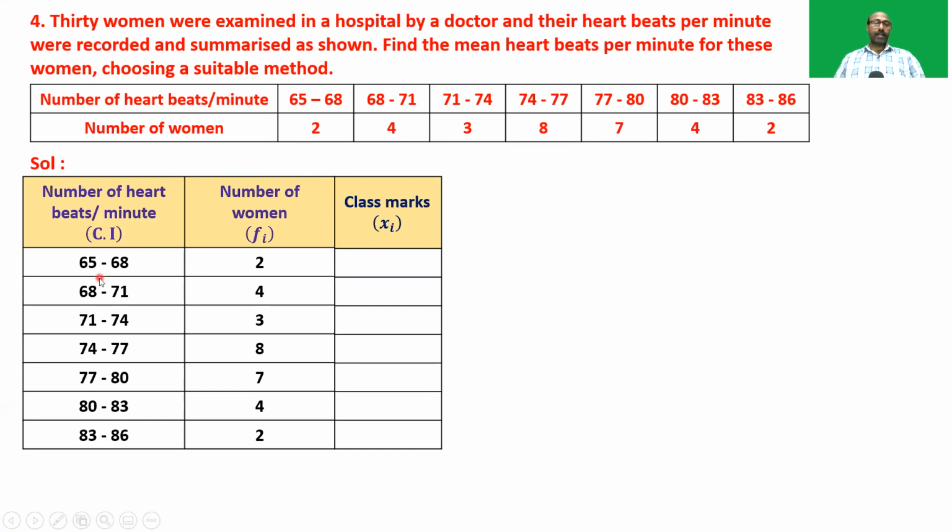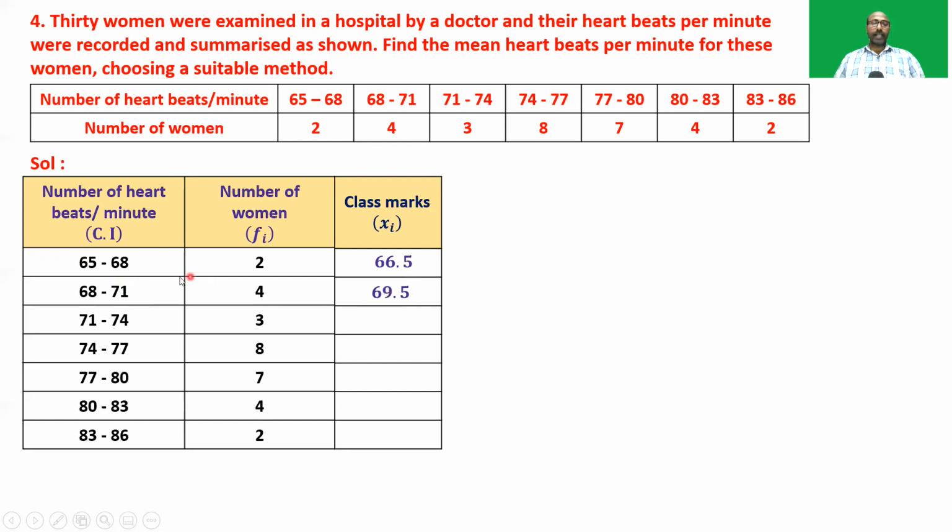So the class mark of 65 to 68, that is 68 plus 65, that is 133 by 2, is 66.5. And similarly, the class mark of 68 to 71 is 69.5.